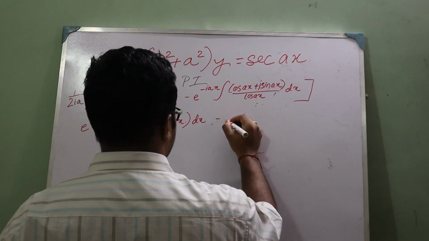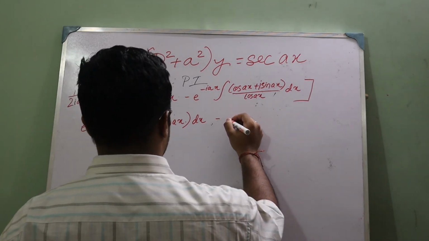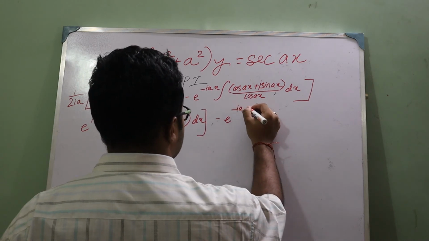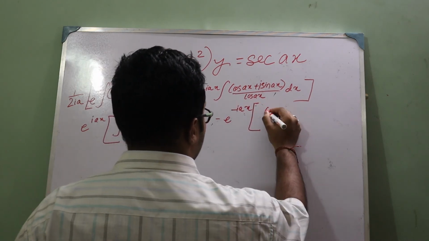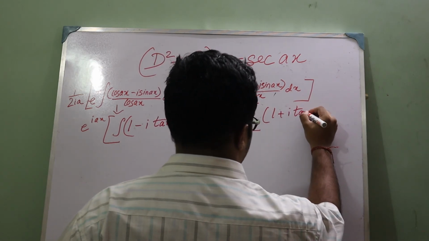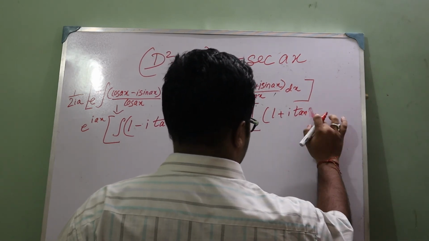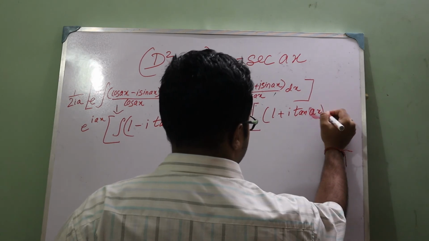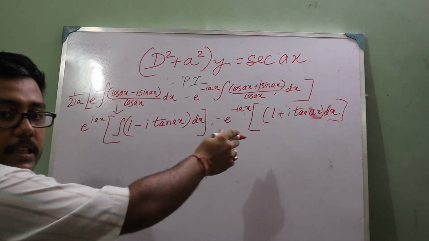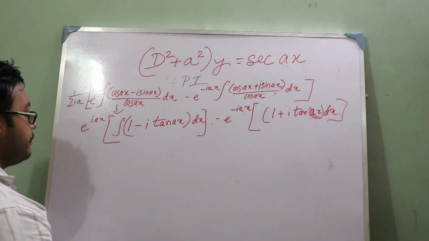In a similar manner, it will also be e to the power minus iax into integration of 1 plus i of tan of ax dx. This will be the whole integration part.